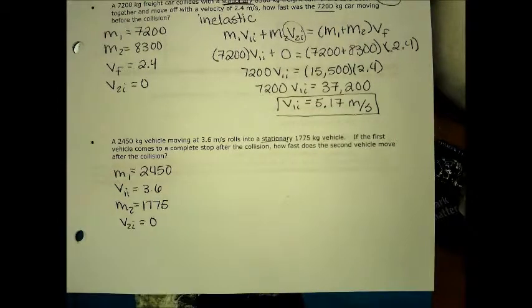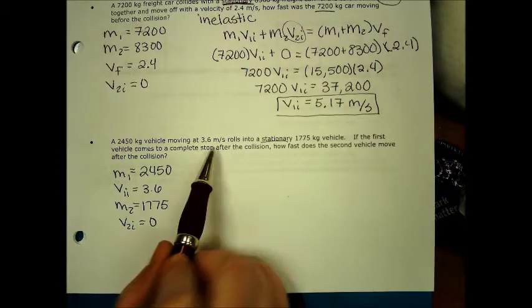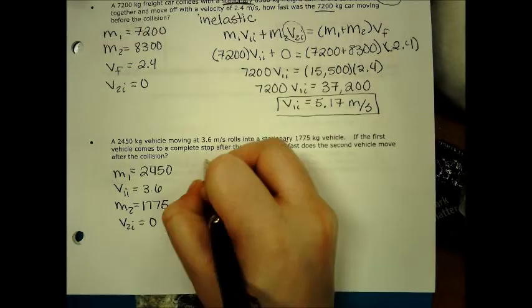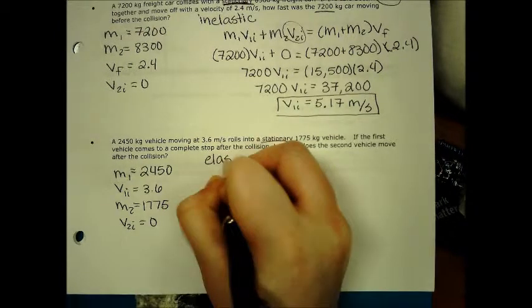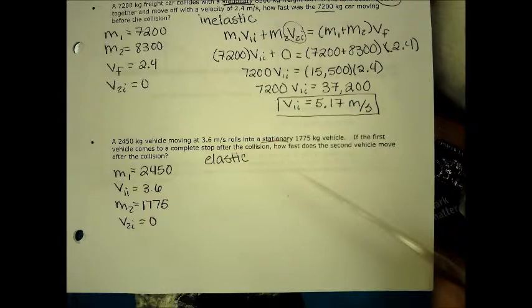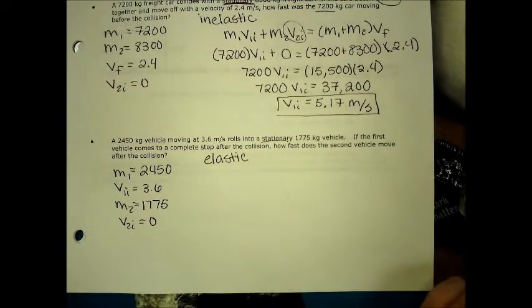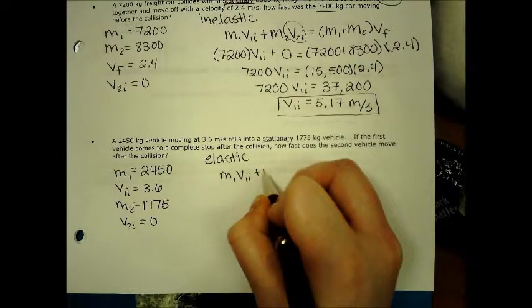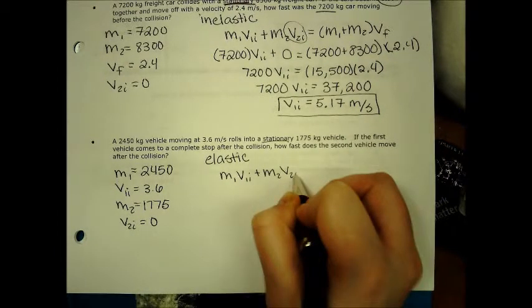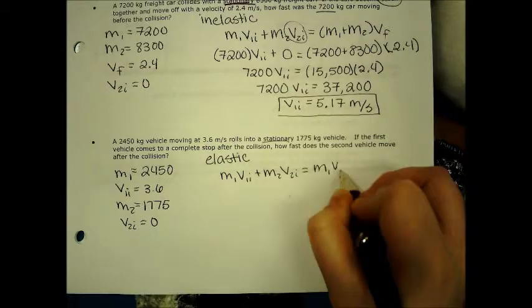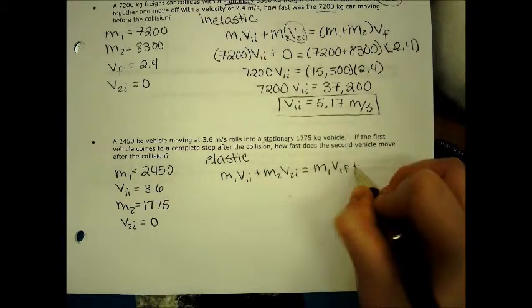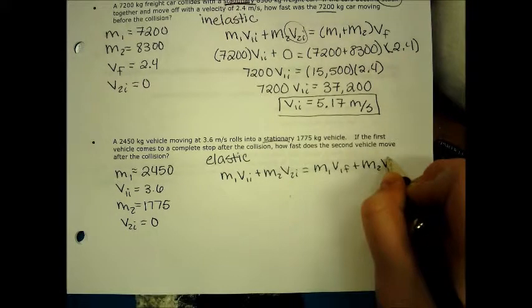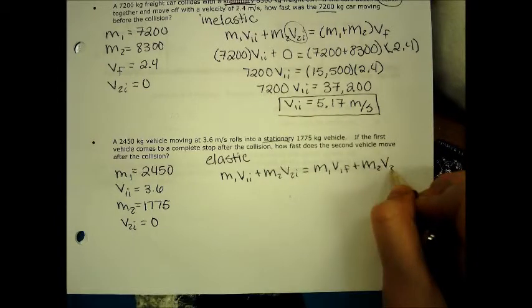If the first vehicle comes to a complete stop after the collision, how fast does the second vehicle move after the collision? So one's coming to a stop and one's continuing to move, so that means that it is definitely elastic, which means we're going to use M1 V1I plus M2 V2I equals M1 V1 final plus M2 V2 final.